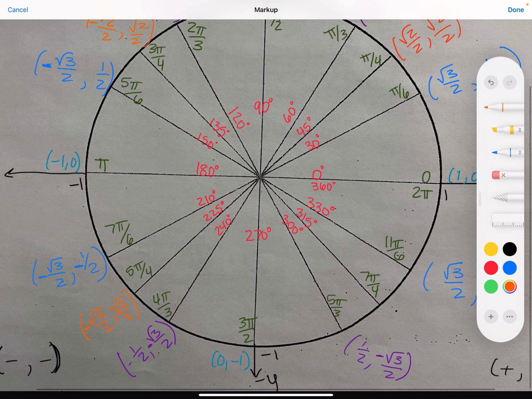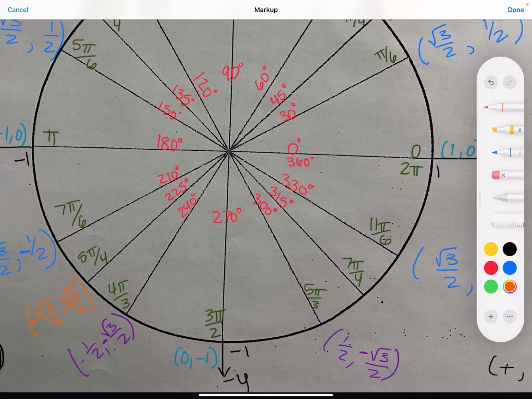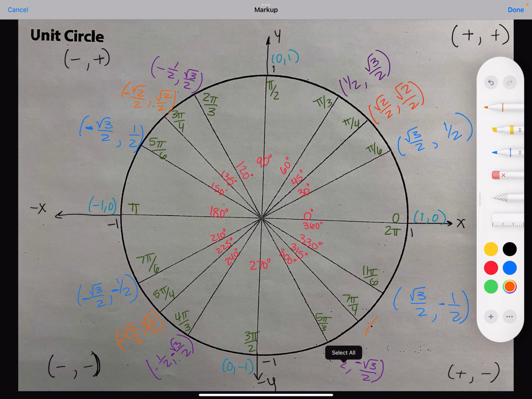And then from there, you flip it back over at 7 pi over 4. It is root 2 over 2, root 2 over 2, and this time the y is negative, so it's positive root 2 over 2, then negative root 2 over 2.